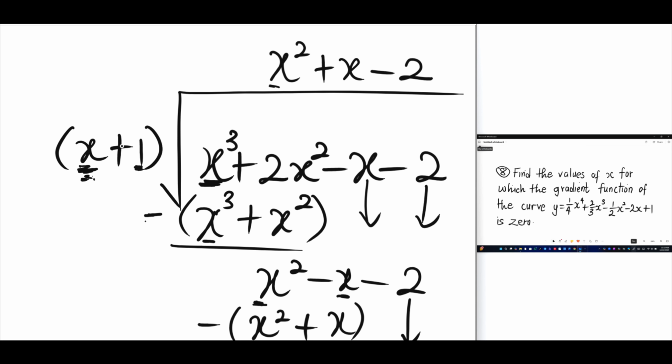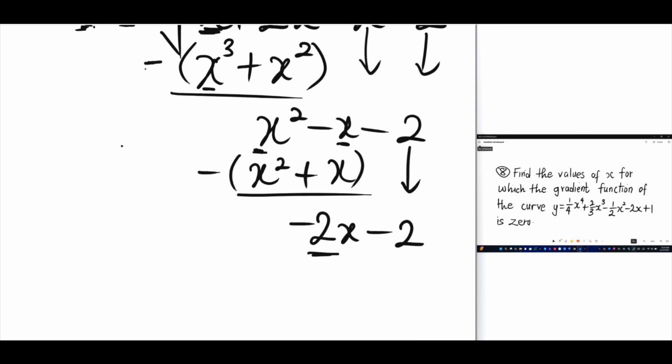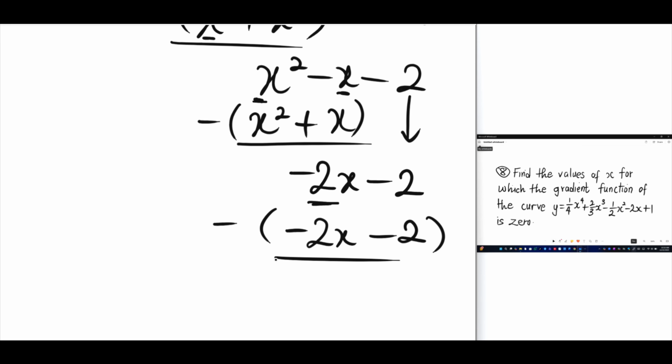Then use the negative 2 to multiply all the terms in the divisor. So negative 2 times x will give us negative 2x. The negative 2 times 1 will give us negative 2. Now subtract. Negative 2x minus negative 2x gives us 0. Then negative 2 minus negative 2 also gives us 0. All right. So we have a remainder of 0.